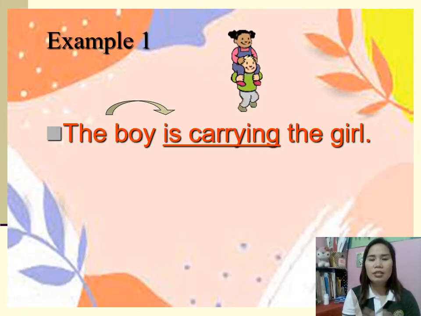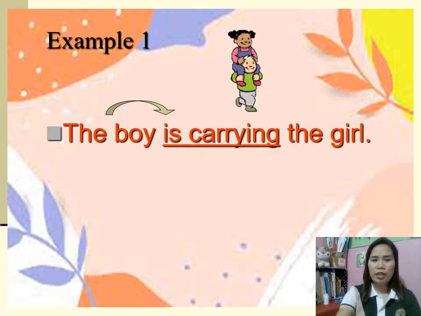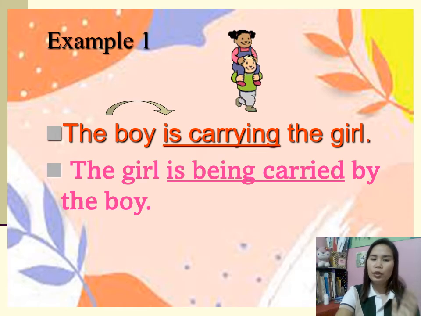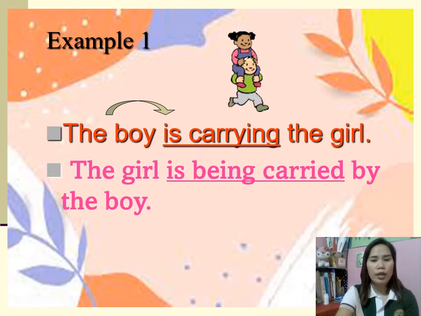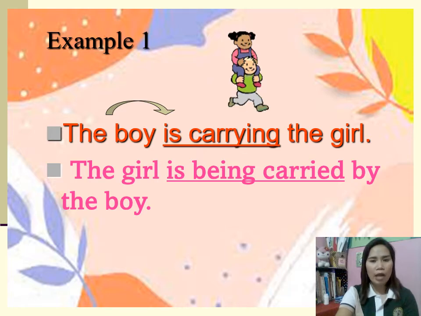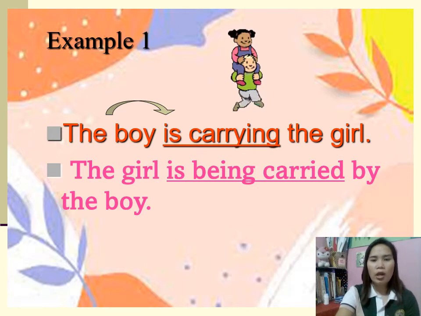Therefore, this sentence is active. Okay? So let's have sentence number 2. The girl is being carried by the boy. So the girl here is our subject, but it is not the one doing the action. Therefore, this sentence is in passive form. Okay.